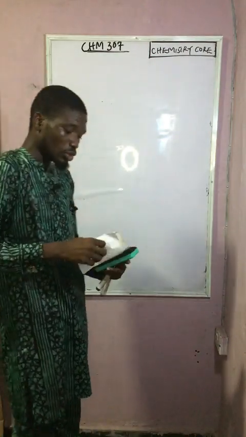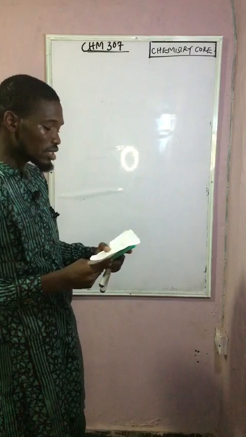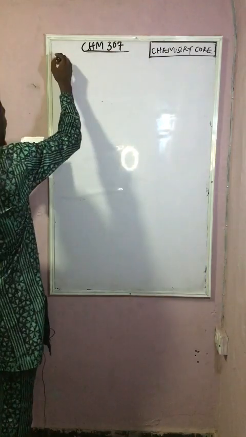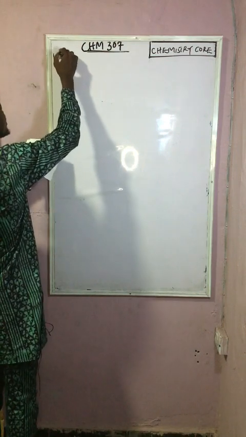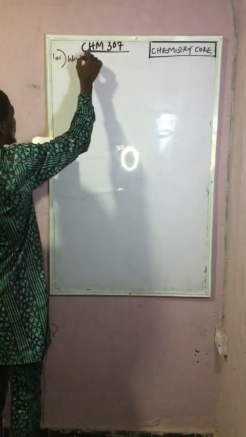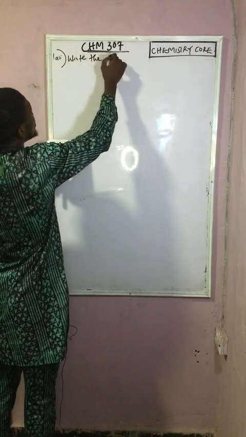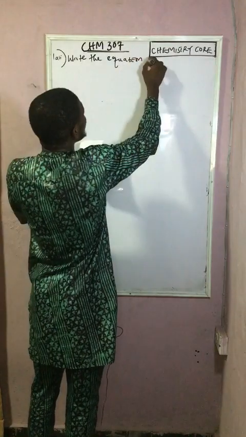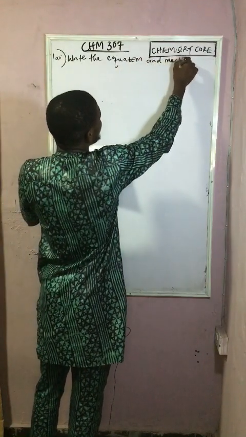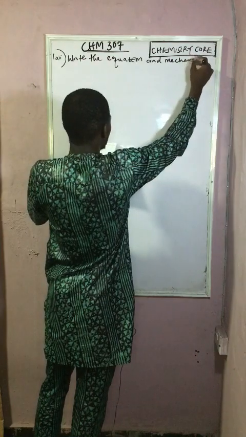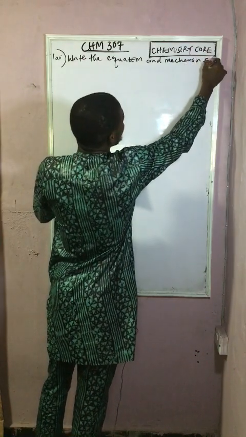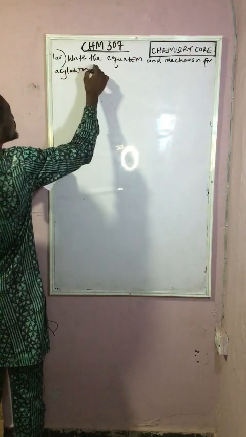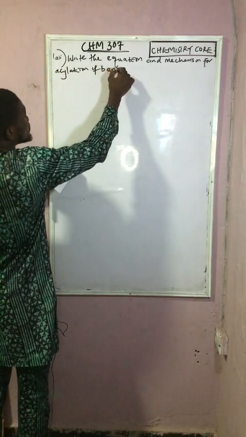So the second question goes thus: write the equation and mechanism for acylation of benzene.